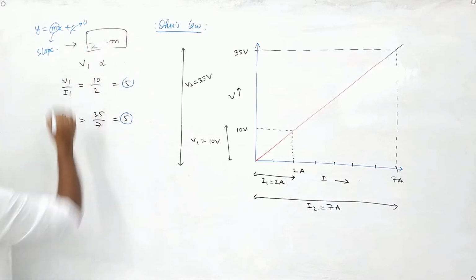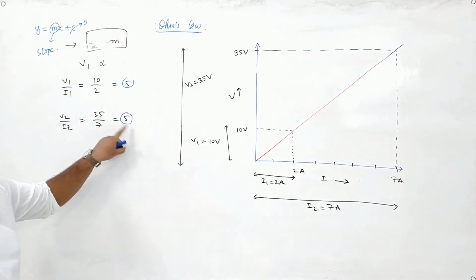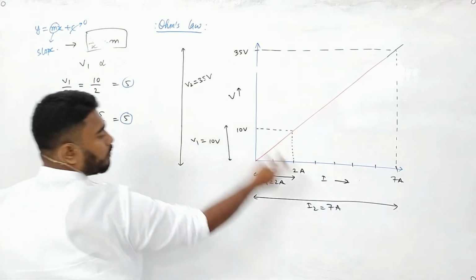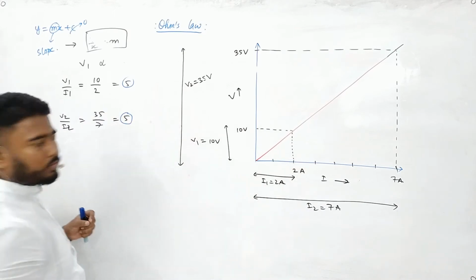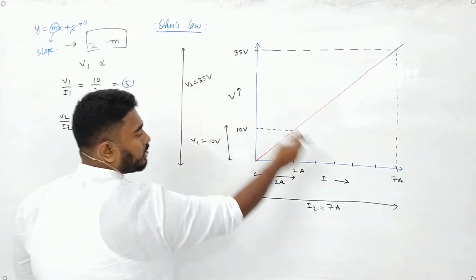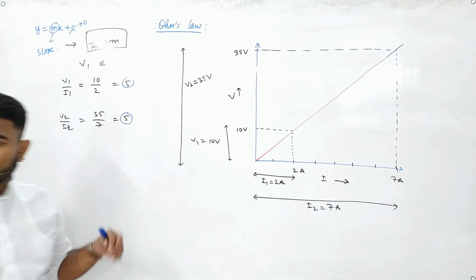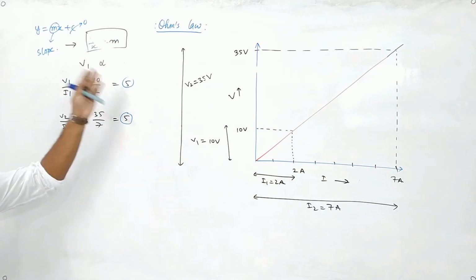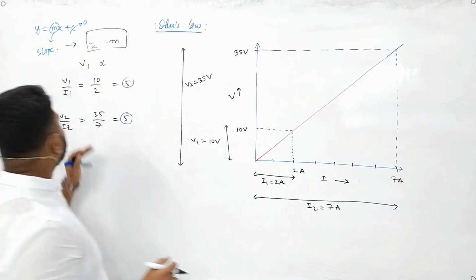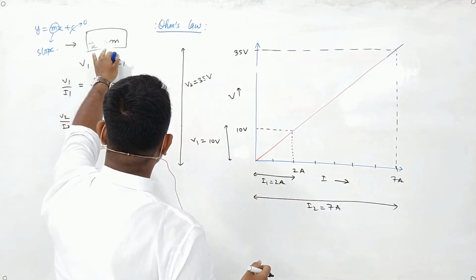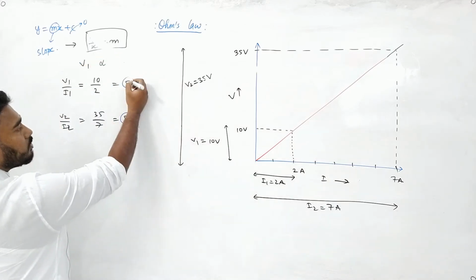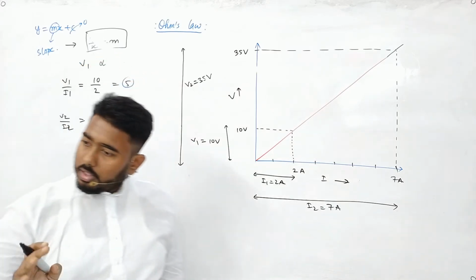So I can say that the number that we are getting, 5, is actually y by x. If we put V in place of y and I in place of x, that will be similar to V by I, or y by x. So if we are getting this thing, that means we are actually getting the slope. So 5 is the slope, here also 5 is the slope, right?